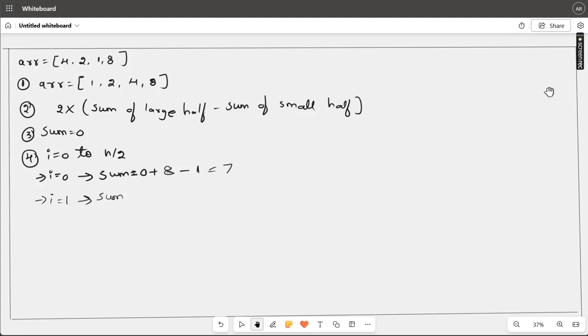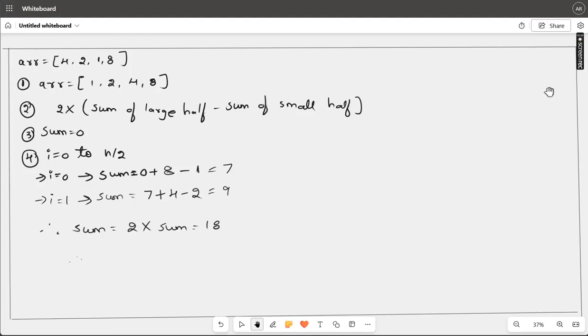So sum is 7 plus 4 minus 2, which equals 9. At last the sum value will be 2 into sum, which is 18.